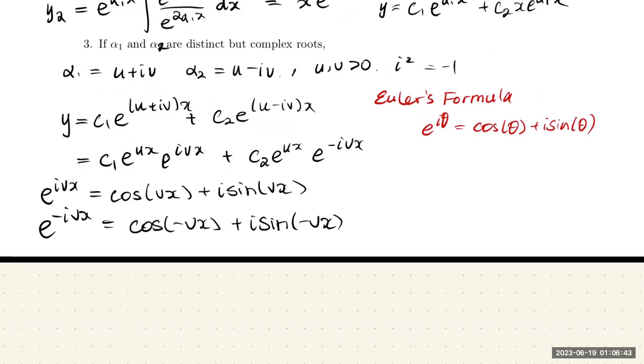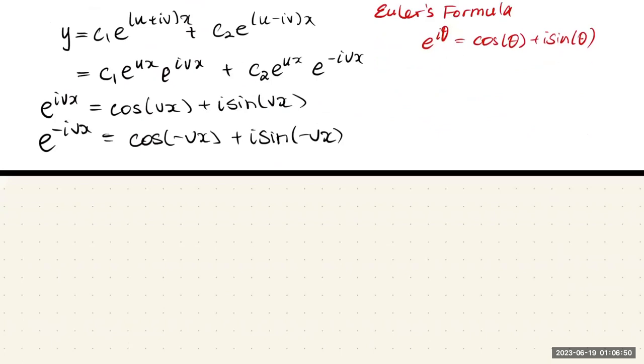But since cosine is an even function and sine is an odd function, we're able to write the second part as cos vx minus i sine vx.